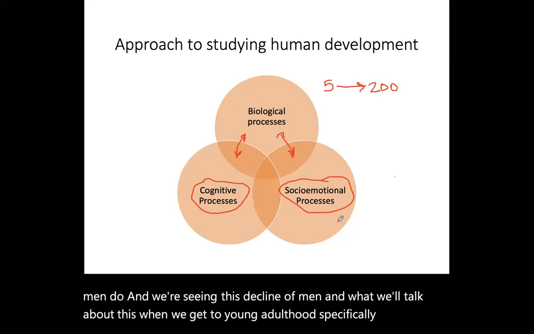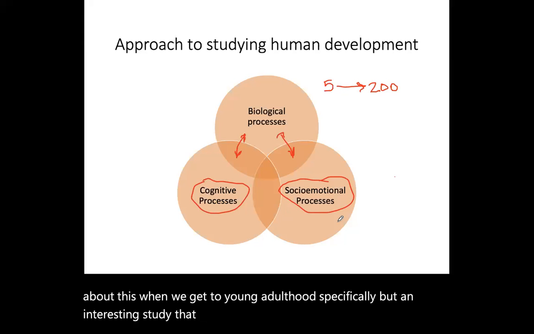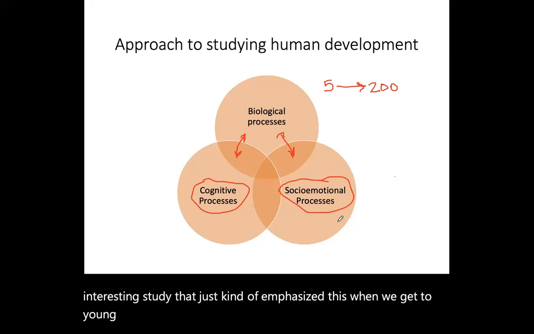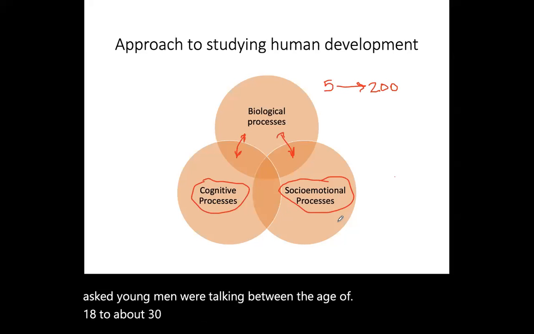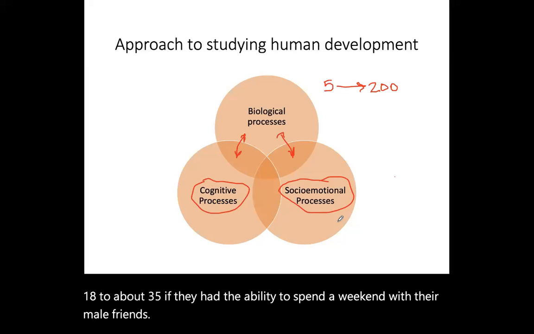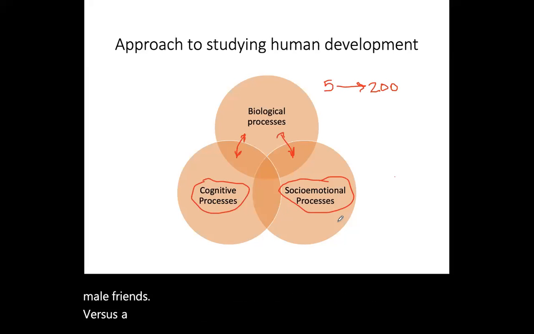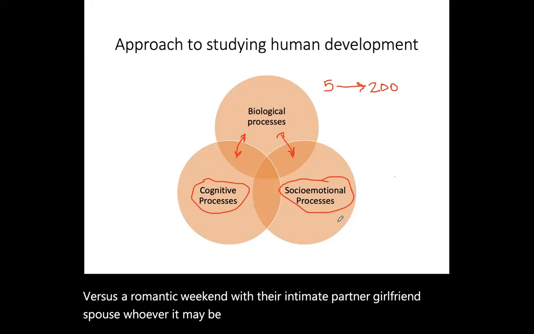But an interesting study that emphasized this was done a couple years ago. It asked young men, between the ages of 18 to about 35, if they had the ability to spend a weekend with their male friends versus a romantic weekend with their intimate partner, girlfriend, spouse, whoever it may be, which would they choose?